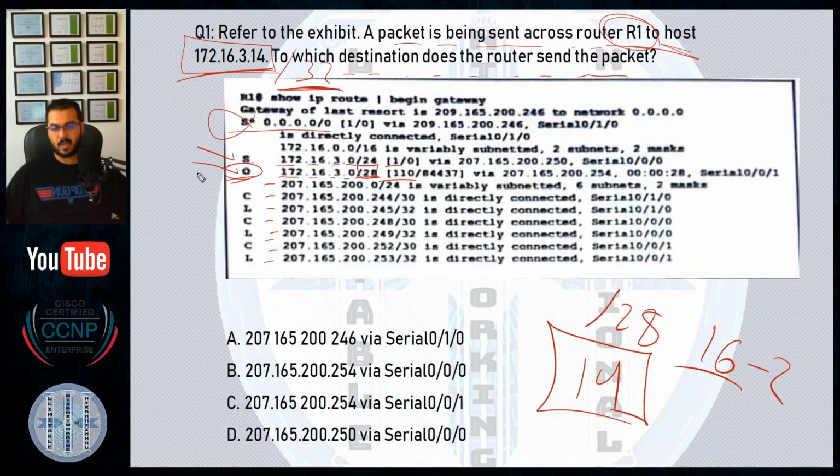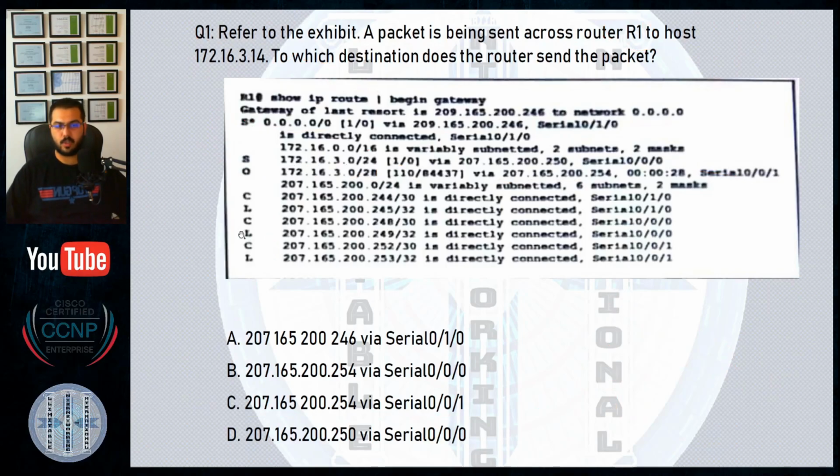No problem, despite that it is OSPF, which has a much higher AD value compared to static, I will still choose OSPF. So in OSPF, the next hop will be Serial 0/0/1, heading to the IP address 207.165.200.254. So Serial 0/0/1 with this same IP address will be answer C for question number 1.